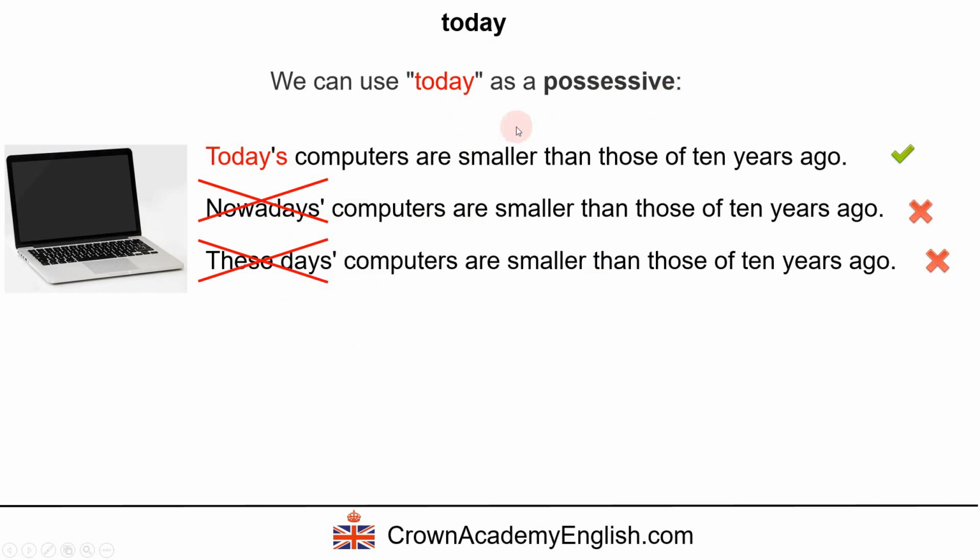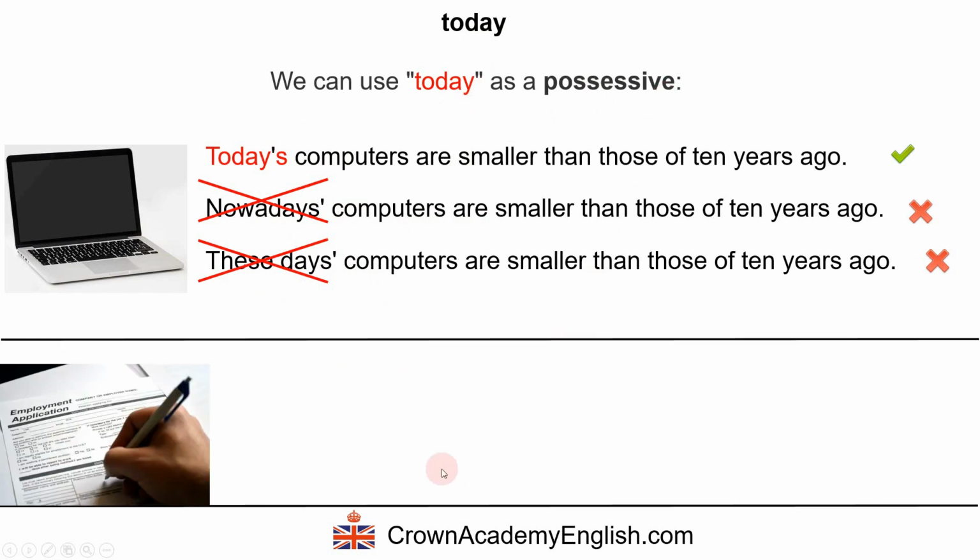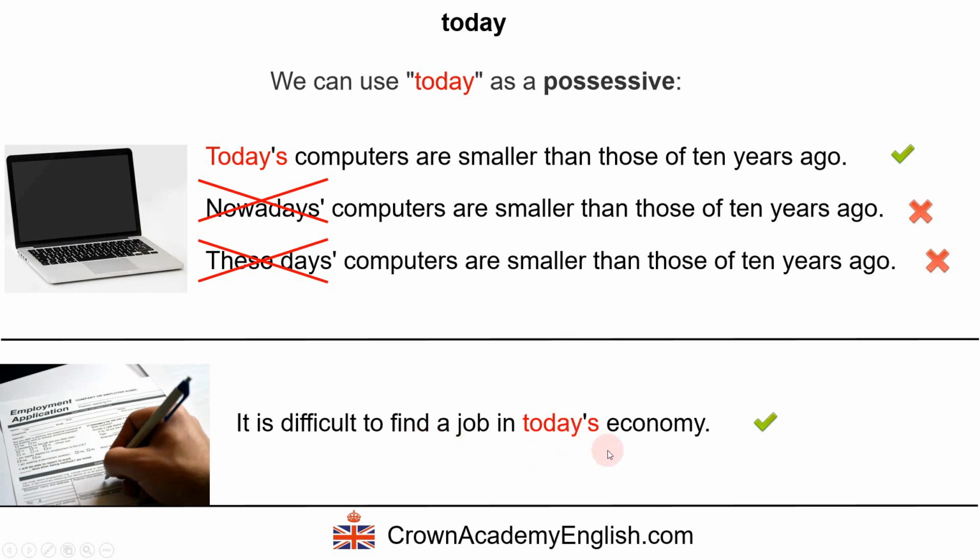So we use today if we need to use a possessive. Let's look at one more example of this. It is difficult to find a job in today's economy. It used to be quite easy to find a job in the past. But in today's economy, it is difficult.